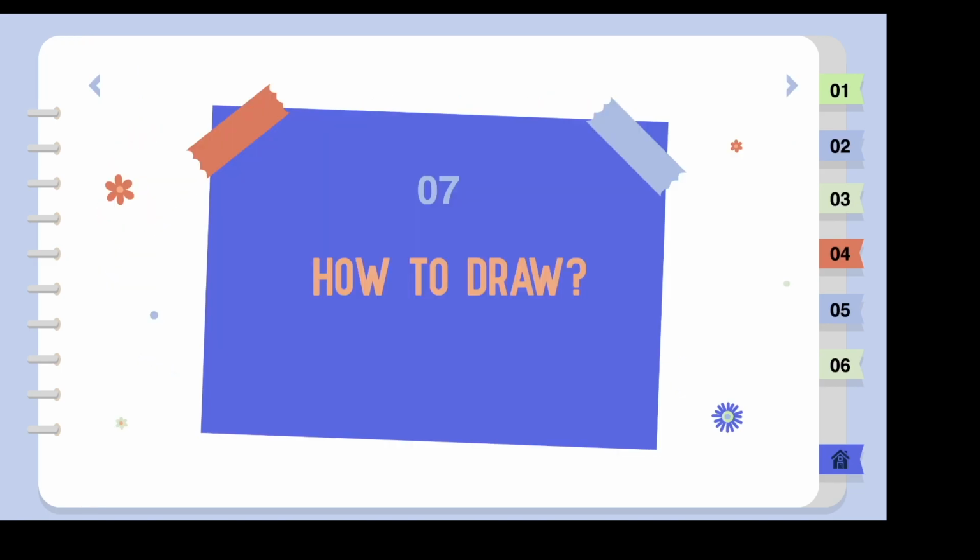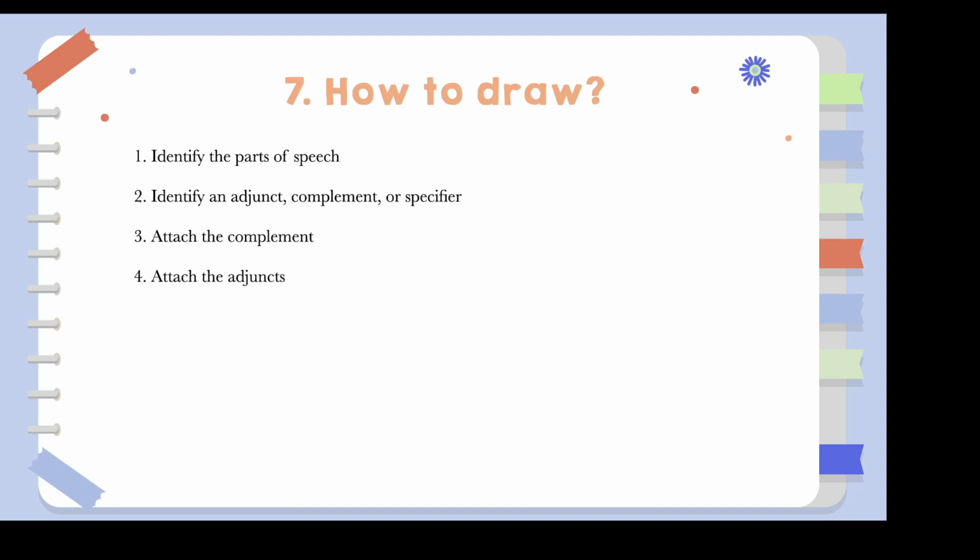Okay, so once we have a clear idea what the specifier, the adjunct and the complement are, next let me tell you how to draw the tree diagram in X-bar theory. It's quite different from the phrase structure rules that you have learned. I have four simple steps.